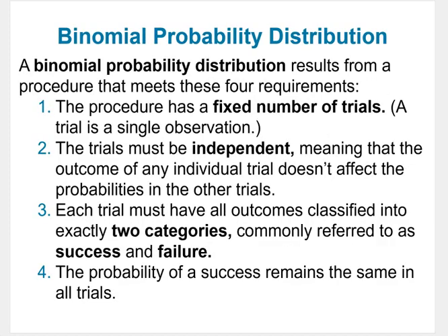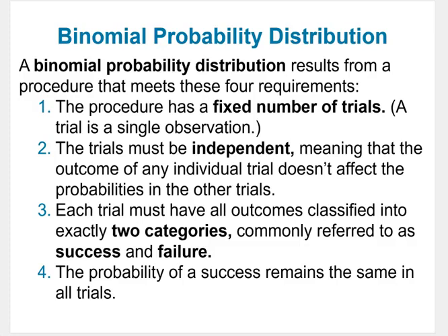All right, so a binomial probability distribution results from a procedure that meets the four following requirements. Number one, there has to be a fixed number of trials, and each trial is going to have a single observation. Each trial must be independent, and again, we've discussed this before, but remember, independent means that the trial before does not affect what happens in this trial, so they've got to be completely independent from each other.